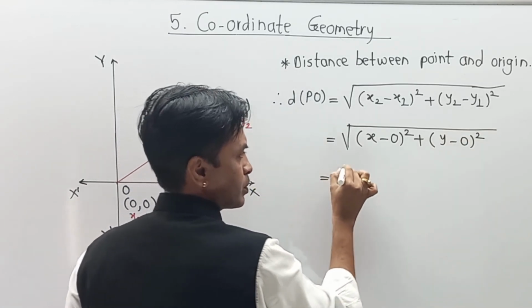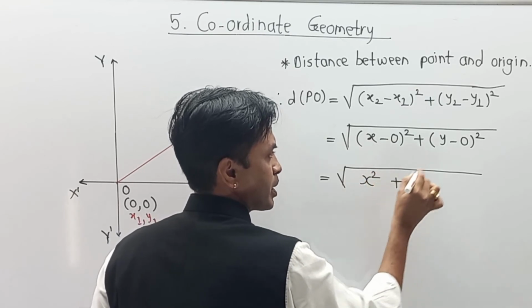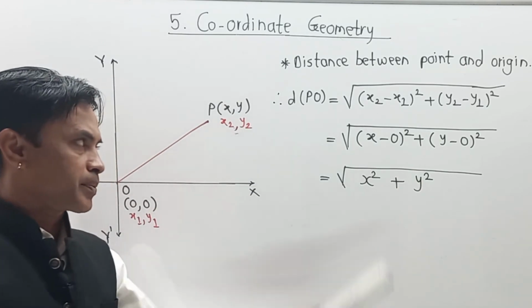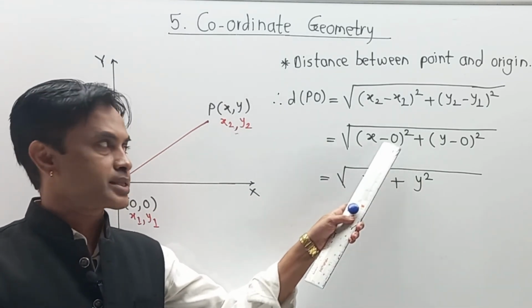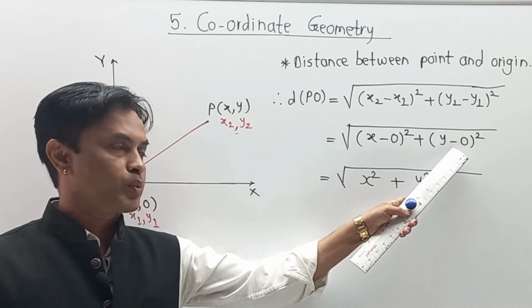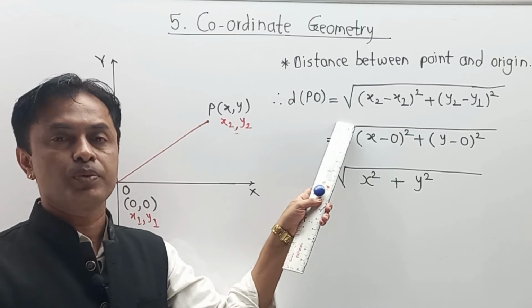Simplifying this, x minus 0 means x bracket square means x square, plus y minus 0 means y bracket square means y square, and that is nothing but distance OP.